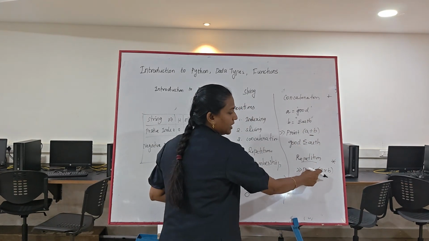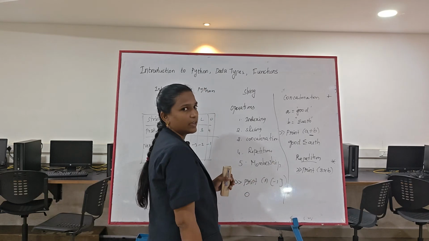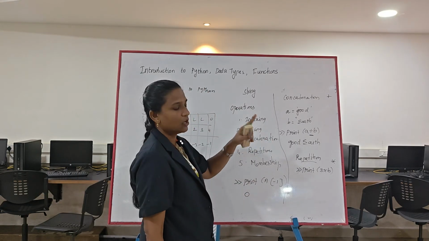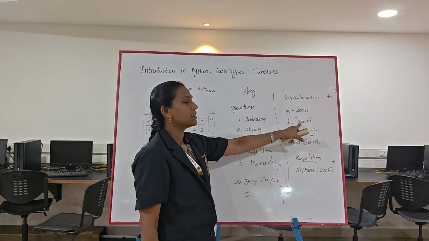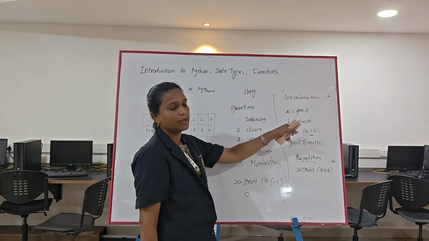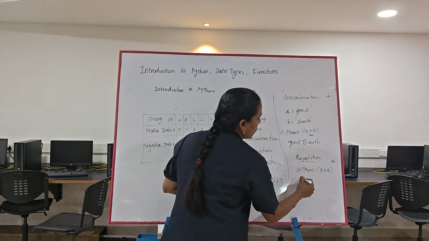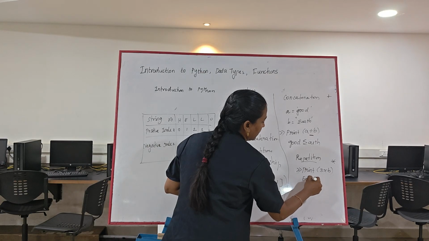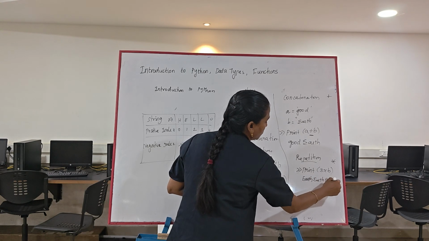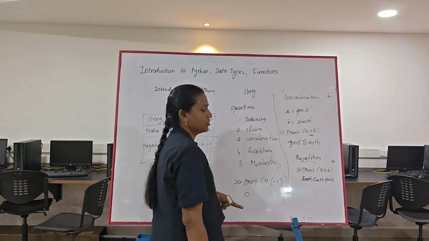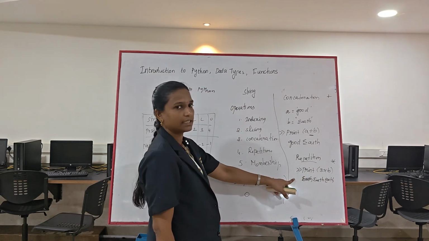If I give 3, what is the value we have stored in B? Earth. So if I have given 3 star B, the string stored in B, earth, will be repeated 3 times. What is our output now? Earth, earth, earth. So it will be displayed 3 times.